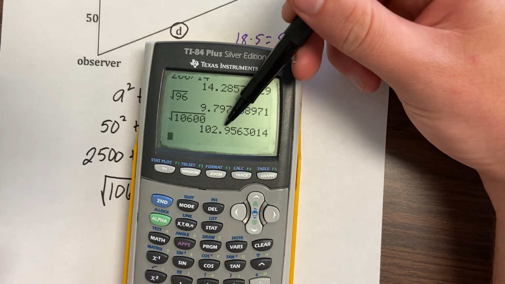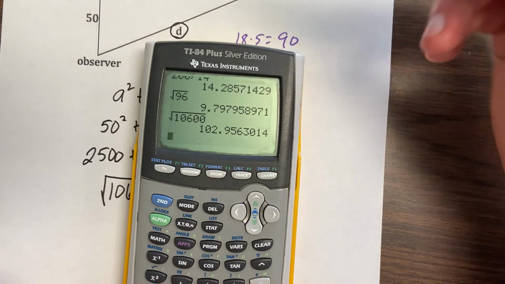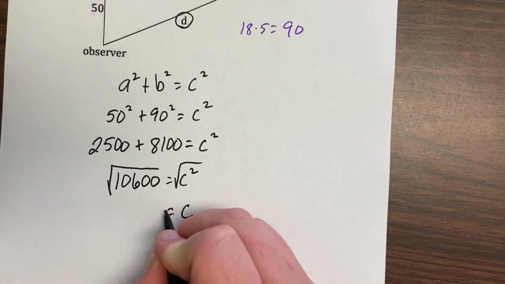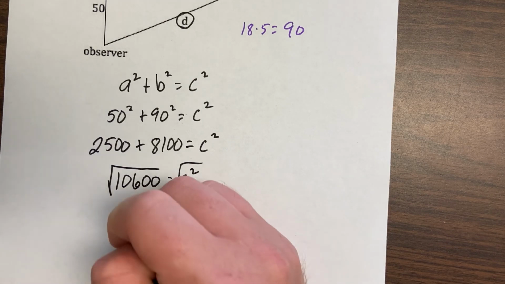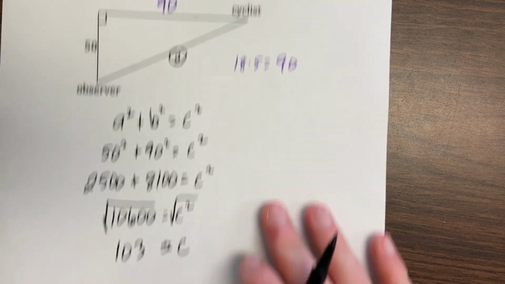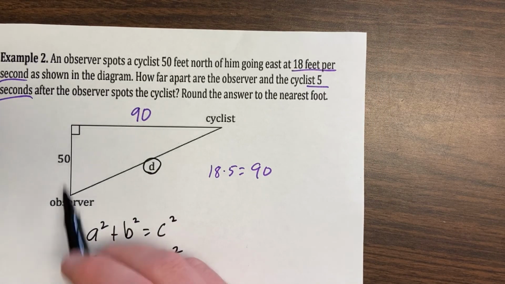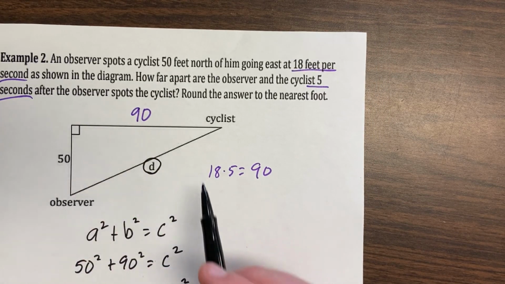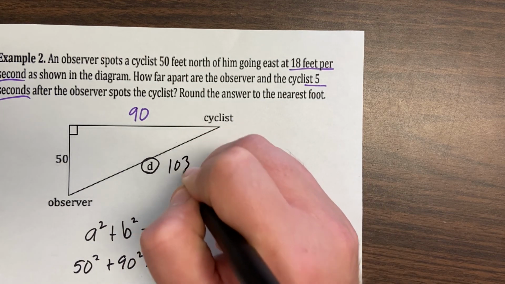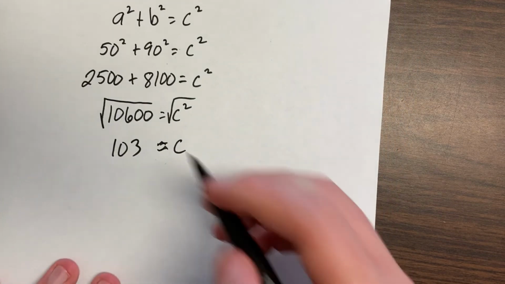So we're only going to look one decimal place, and it's a 9. So it's going to round that 2 up into a 3. So C is approximately 103 feet. Okay, so by 50 feet north, 90 feet east, that is going to give us an actual cutoff distance of 103 feet.